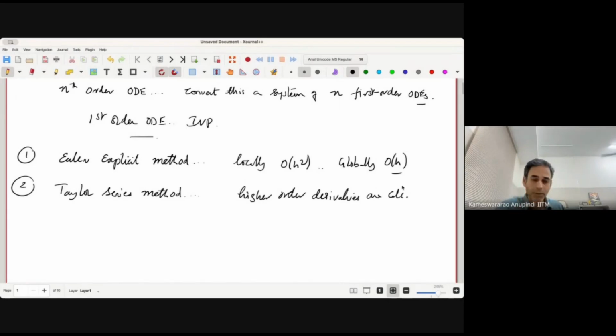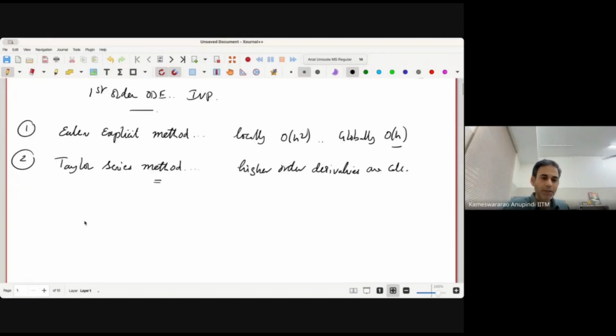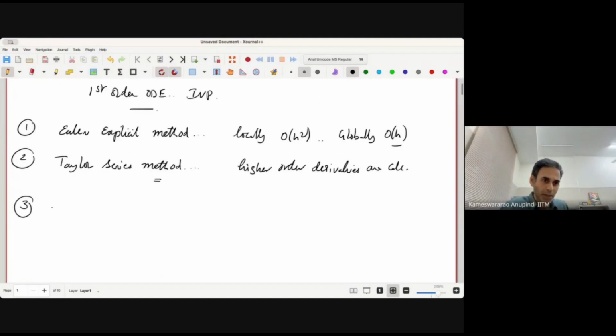And then we said the Taylor series method is not quite handy as such, because sometimes the higher order derivatives may not be well behaved, and also calculation of derivatives themselves is computationally expensive. So for these reasons, the Taylor series method may not be the preferred method. Okay. So let us look at another method, that is the implicit Euler method.